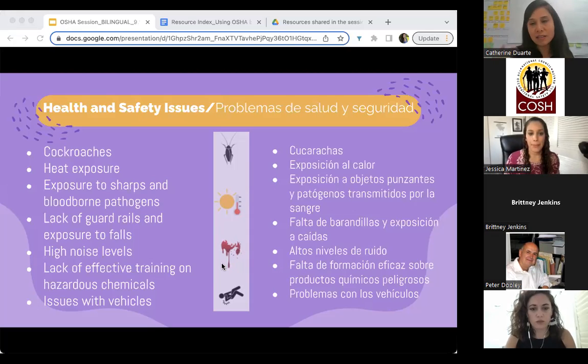Another hazard that we were able to find is that they have some buses that they use to clean the planes, and there's a platform that they use.